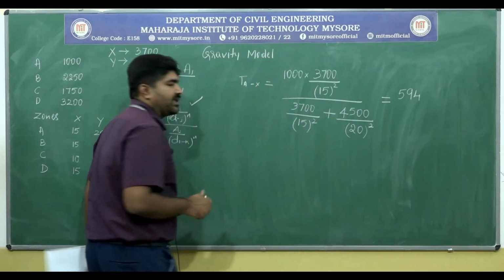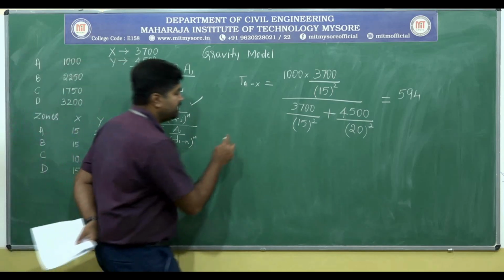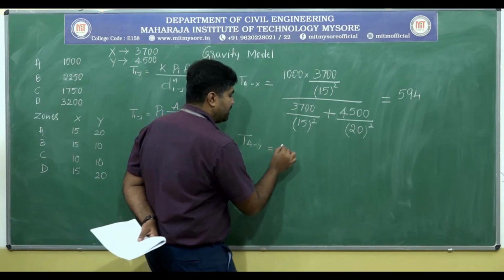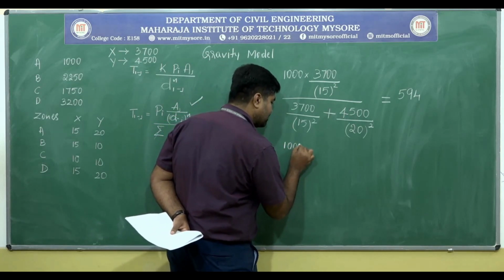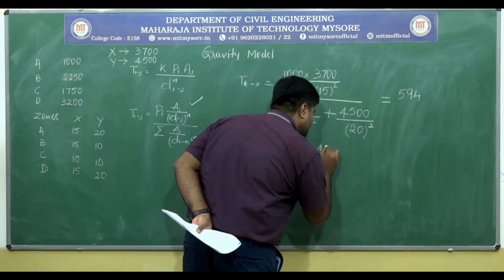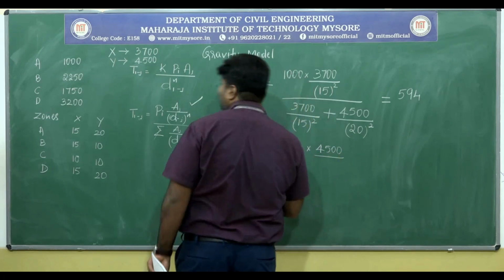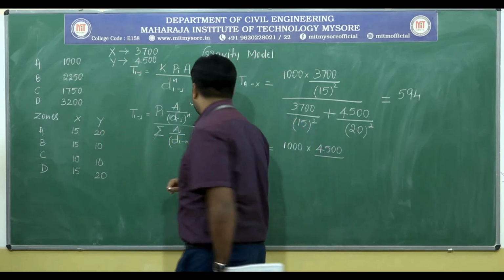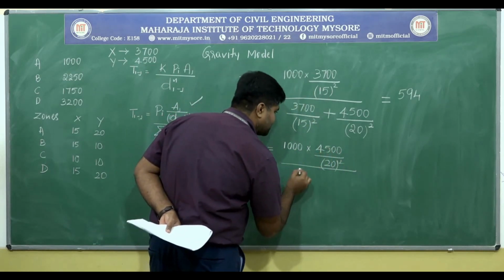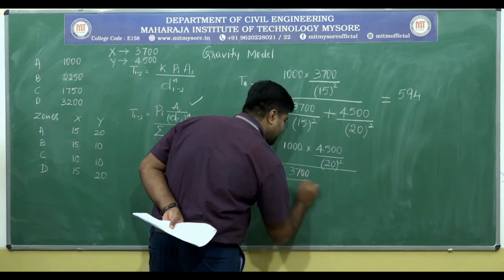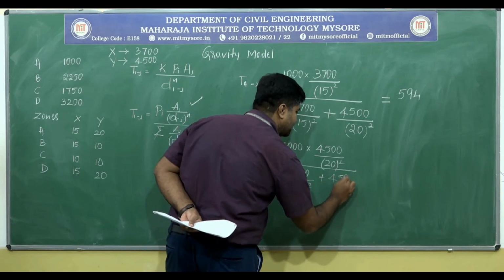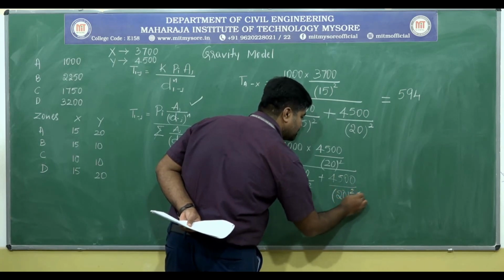Next, trips between T A to Y. We know the trips produced in zone A is 1000, attracted to Y is 4500, divided by d I J, the time to travel between A to Y is 20 minutes, so 20 square, divided by the summation of the attraction, that is 3700 divided by A to X 15 square, plus 4500 divided by 20 whole square.